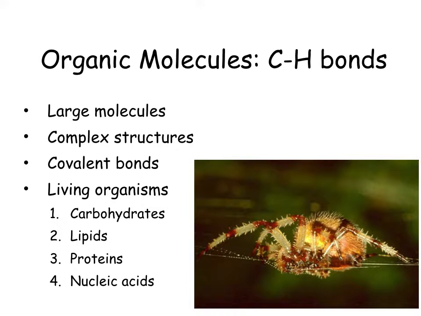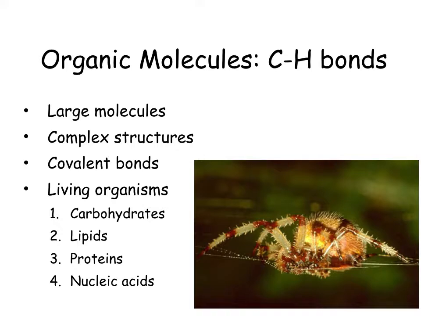And so this means we can get really, really large molecules that can have really complex structures. Okay, you know many of these molecules. Carbohydrates like glucose, fructose, and sucrose, and starch. These are organic molecules. Lipid molecules like fats and oils. These are organic molecules. We're going to talk about two types of organic molecules, proteins and nucleic acids.